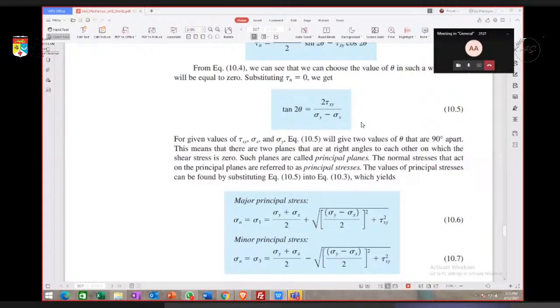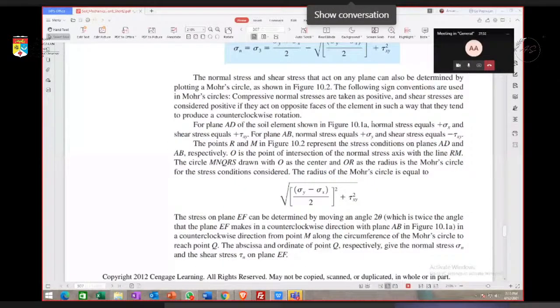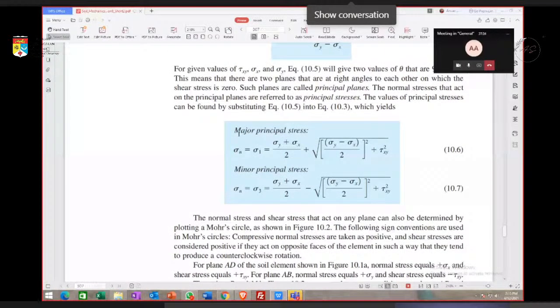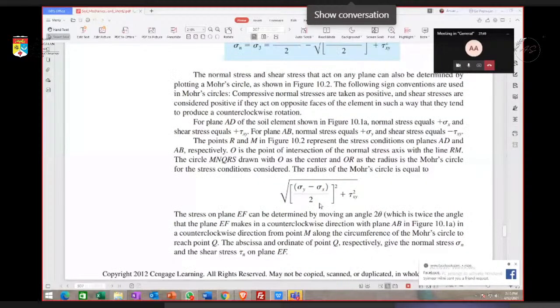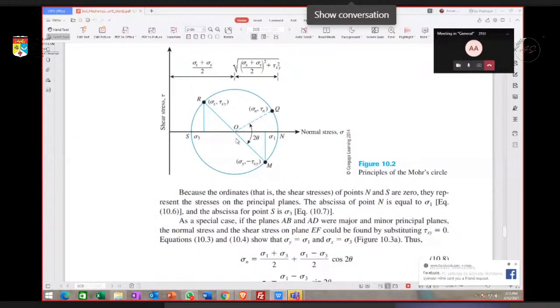So there are equations here like major principal stress and minor principal stress. So we can use it to calculate the sigma 1 and sigma 3. Okay, here is the location of sigma 3 and this is the location of sigma 1.